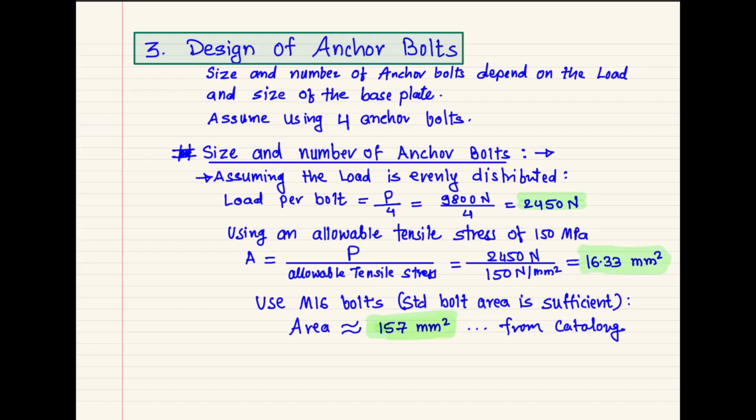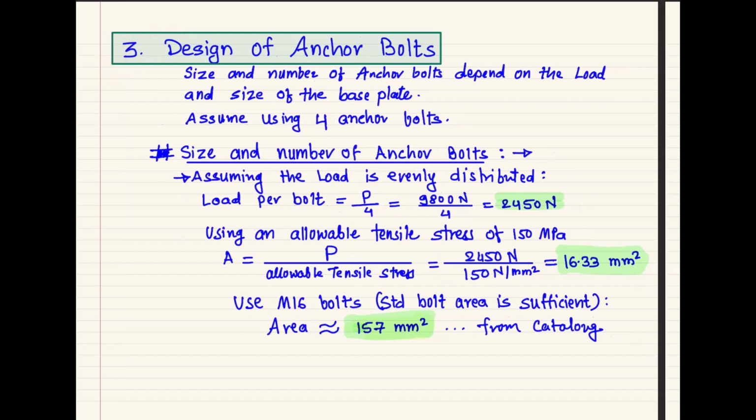This way we get a value of 16.33 mm square, which is the area of the bolt. In this condition, we have taken an M16 bolt for this plate whose area is 152 mm square. We require only 16.33 mm square. This value comes from the bolt catalog. So this way we are designing an anchor bolt.